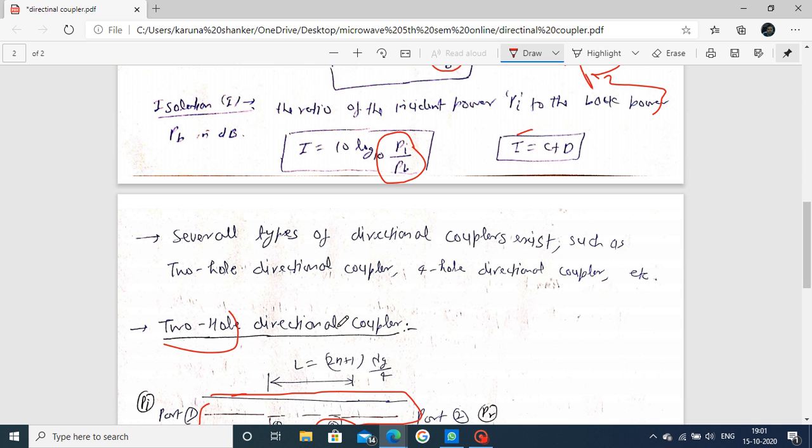Next, to see the two-hole directional coupler. Also note that several types of directional coupler exist, such as two-hole and four-hole. Similarly, a lot of other directional couplers are formed. Generally, we use a two-hole directional coupler.